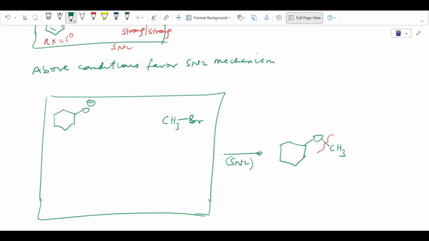Now we have methyl bromide. So your alkyl halide is methyl bromide, and your nucleophile is a strong nucleophile, which also doubles as a strong base. So these conditions will give us the SN2 mechanism. That means if you choose both of these reagents, you would have chosen the correct answer.